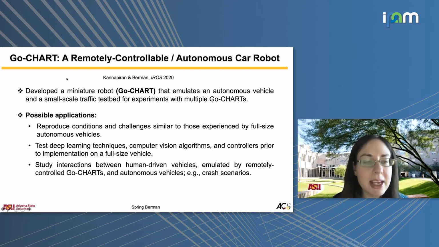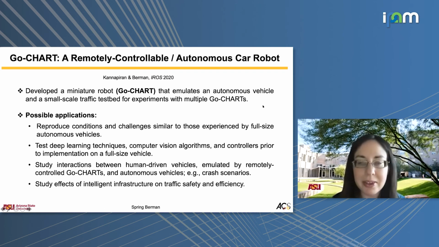And it's part of the ASU Global Security Initiative. So that's why this word Chart keeps appearing. Okay, so we developed a miniature robot called the Gochart, and this emulates an autonomous vehicle. So it's a 1/28 scale model of a commercial sedan, and I'll go over its various capabilities.